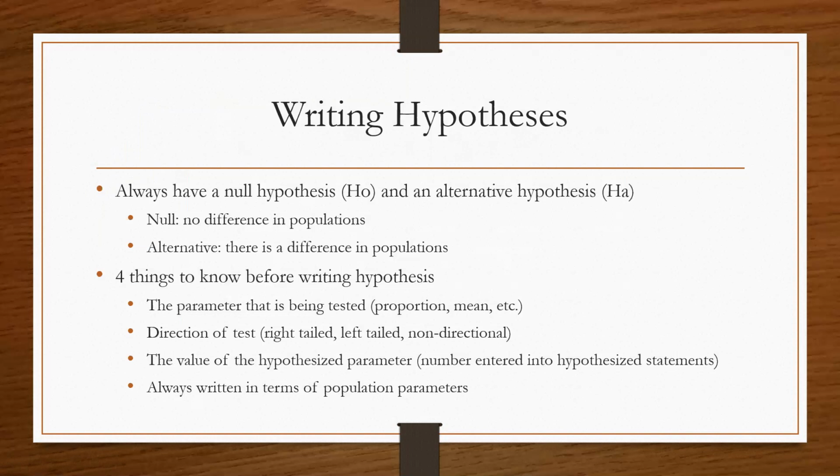I'm going to really just hammer this in a few examples in a bit. The value of the hypothesized parameter, so that's the number that's entered into the hypothesized statement. It's the number that they're going to be asking you about. You'll see it in problems. And just the last little thing is you're always going to have it written in terms of the population parameters because that's what you want to find.